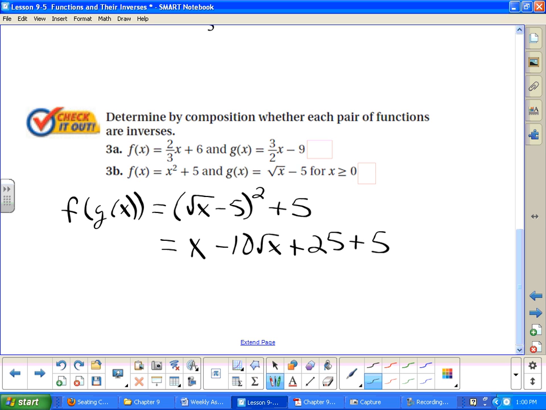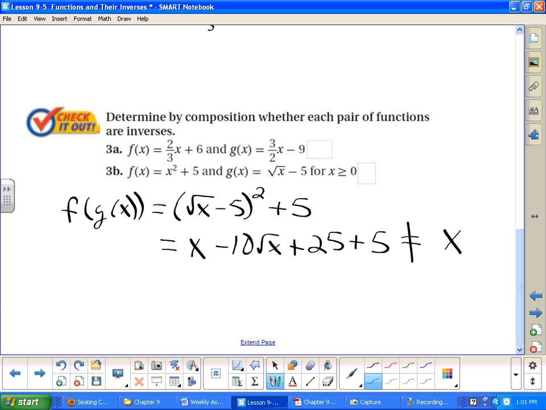Negative 5 times the square root of x, negative 5 square roots of x, and it doubles. So that'll give us negative 10. Square negative 5, get positive 25. Is this going to simplify to be equal to x? Doesn't look like it, does it? There's no way. So for letter B, they're not inverses. They're functions, they're just not inverses.